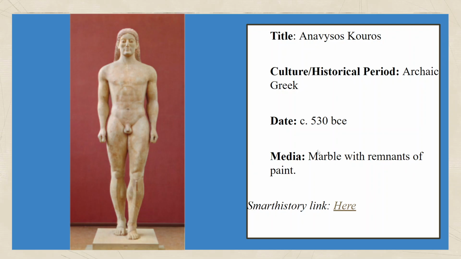So marble is a big media for Greece and then especially Rome. A lot of our statues are going to shift away from things like granite, which we saw in the mortuary temple of Hatshepsut, or limestone like the Sphinx at Giza, and we're shifting towards marble. It's got a real pretty sheen to it. It has kind of a sparkle. When we get to go to the museums, really take a look at what marble looks like in person.